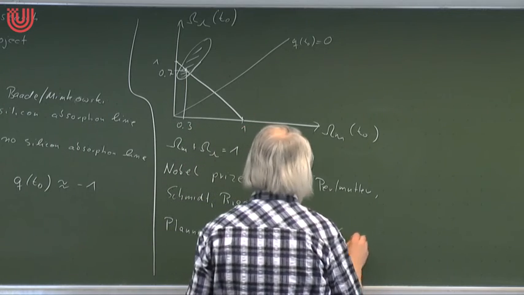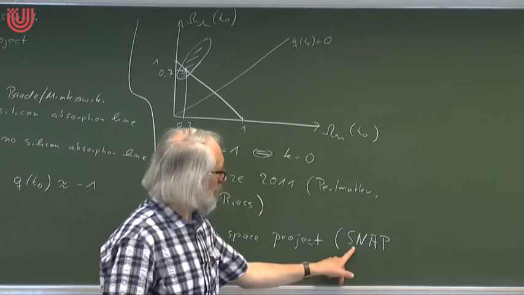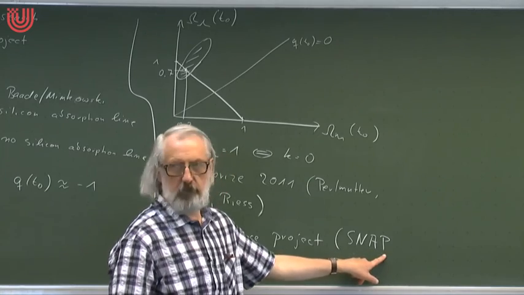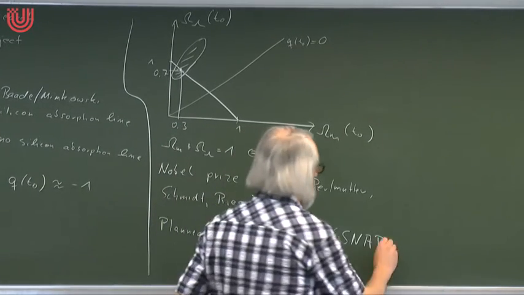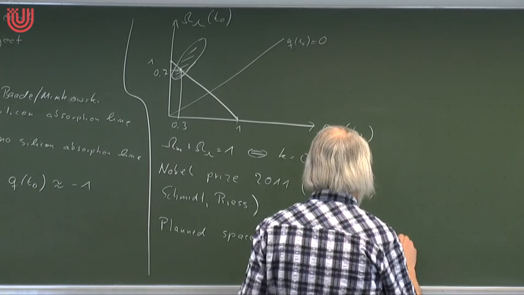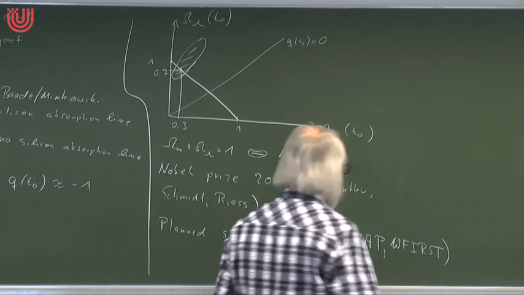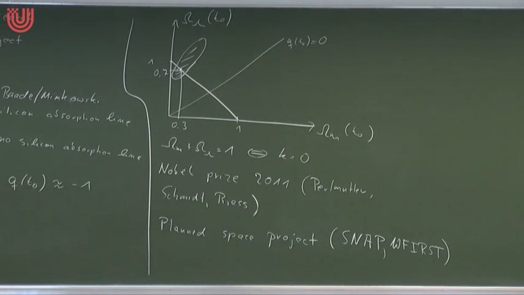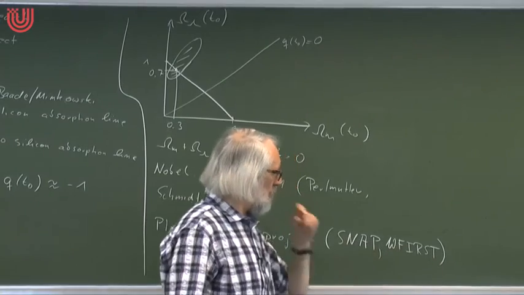In the beginning, this was called SNAP, the Supernovae Acceleration Project or Proposal. Later it became part of what is called WFIRST. Don't ask me what this stands for. So it's now a partial project of a bigger project called WFIRST.